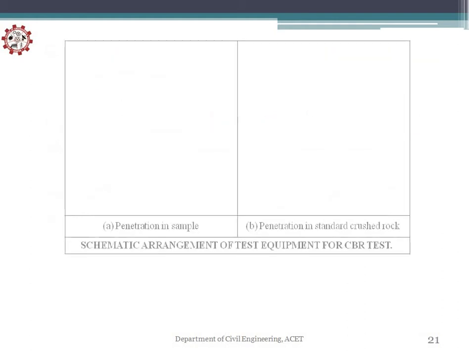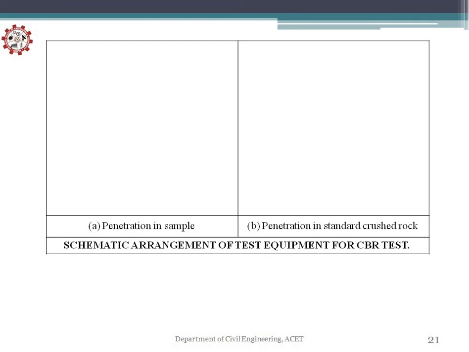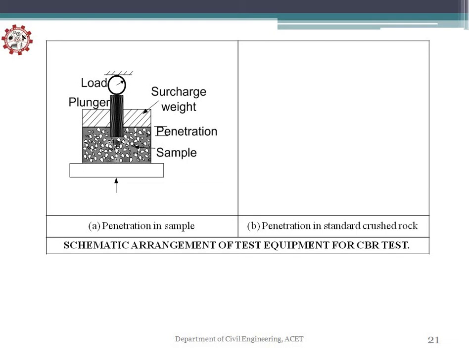First, look at the penetration in the soil sample. The base is there, the soil sample is kept in the center, the plunger is attached and the surcharge weight is placed, and the load is applied.